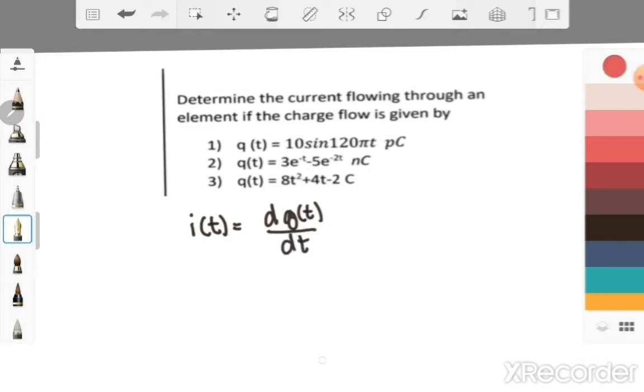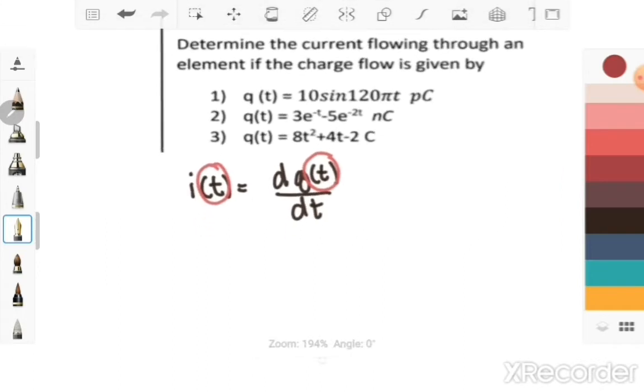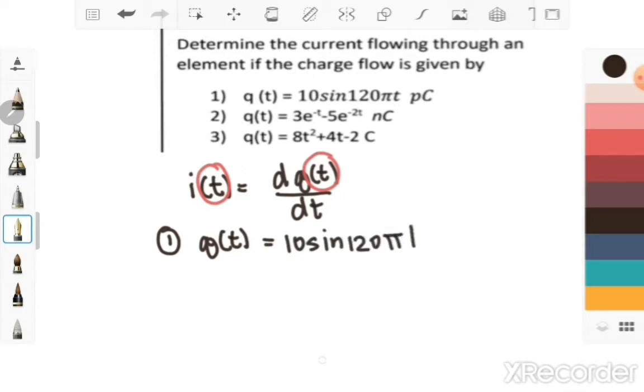So always take note that these notations indicate that your I sub t and q sub t are dependent on time. So your q sub t, let's say at number 1, we have q sub t is equal to 10 sine 120 pi t.